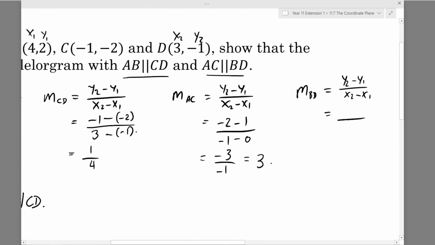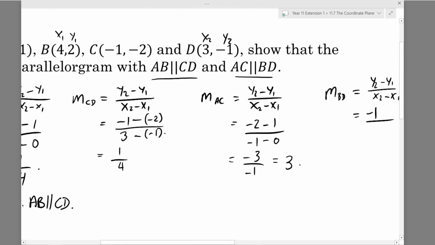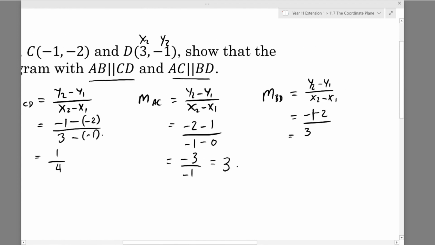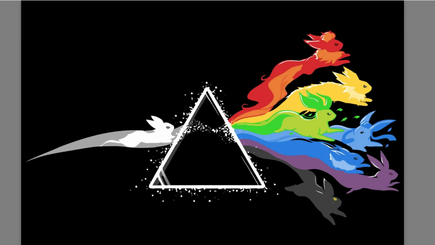Okay, negative 1 over minus 2, which is looking a bit better, and an x2, which is 3 over minus x1, which is 4, which is a lot better.